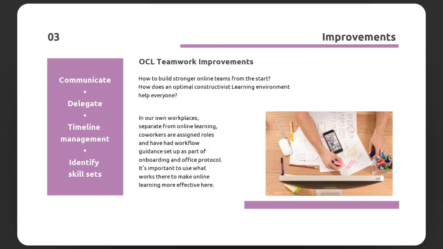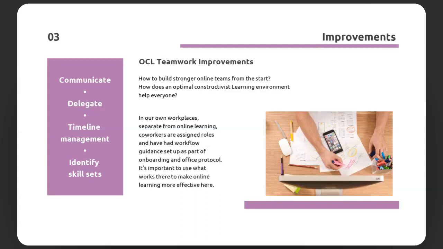So let's look at some improvements that can be made. Using my experiences working on projects in the past, 4 principles of good teamwork stood out: communicate, delegate, timeline management, and identify skill sets.